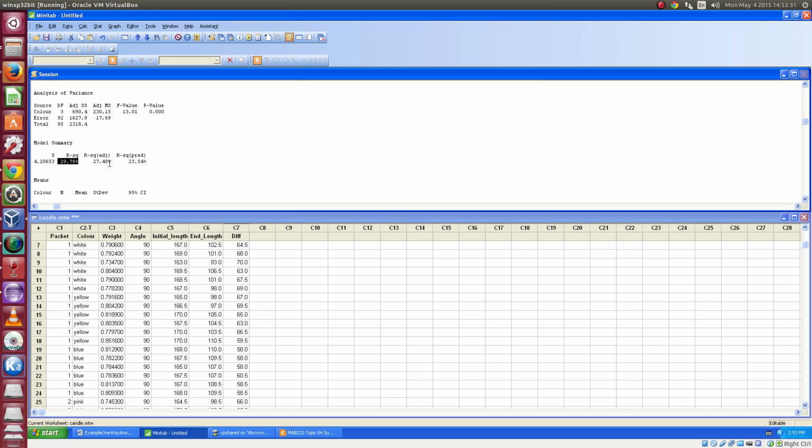So if you do want to make it relative to the total amount of variables, so that when you do a comparison between a model with 4 variables and a model with 1,000,000 variables, if you scale both of those so that the number of variables are taken into account, then you can compare the R-squared values directly. So we're going to look at this R-squared adjusted, and we see that we've got 27.49%.